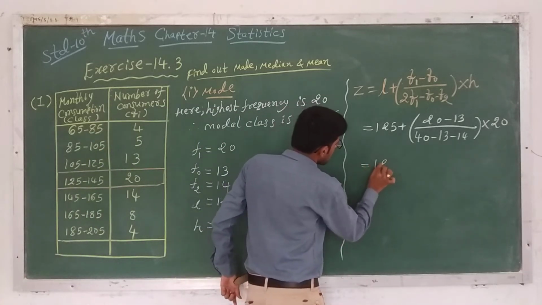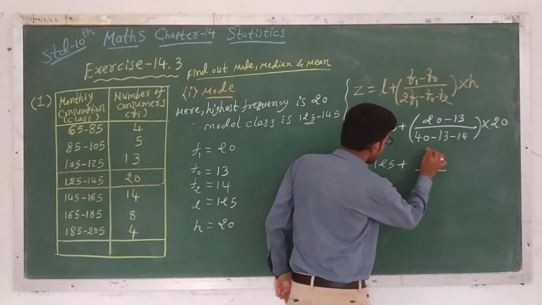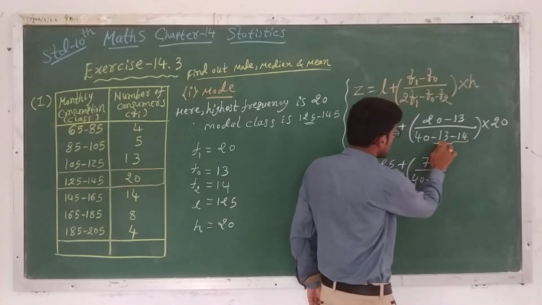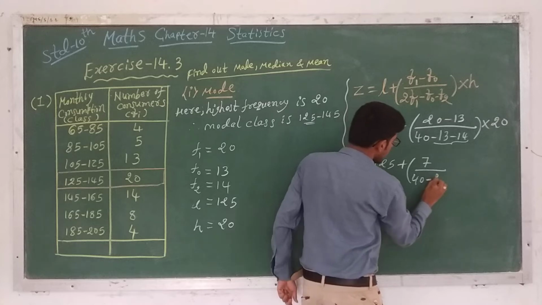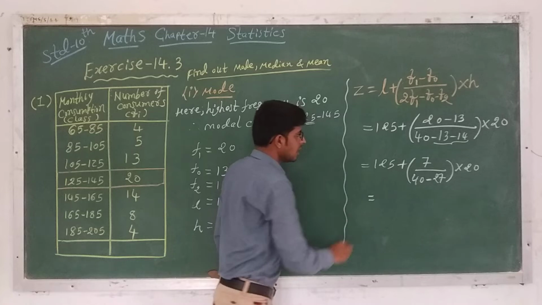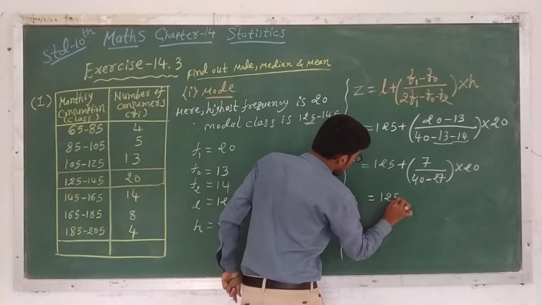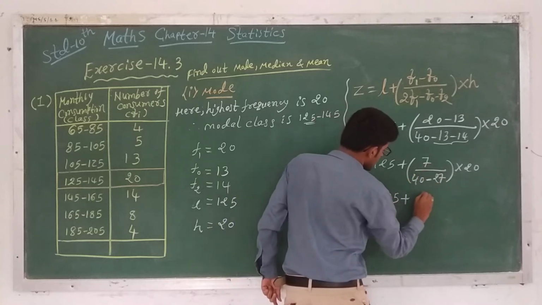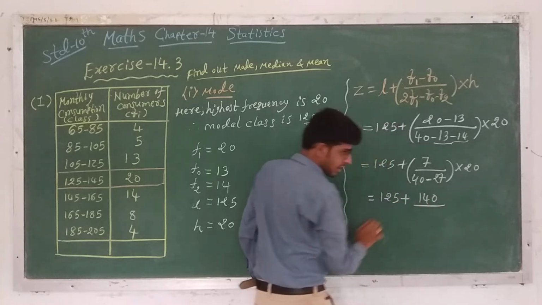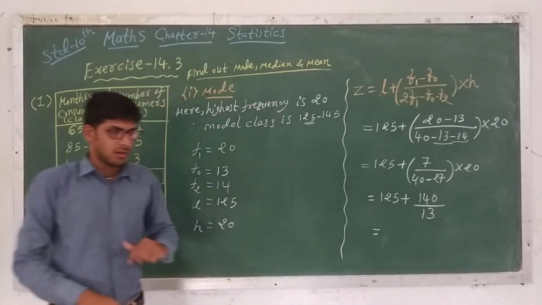Is equal to 125 plus 20 minus 13, so 7, divided by 40 minus 13 plus 14. Here we have to add the negative numbers. So 13 plus 14 is 27, multiplied by 20. Now we have to subtract 40 minus 27. So 125 plus, here we have to multiply, 7 into 20, so 140 divided by 13.